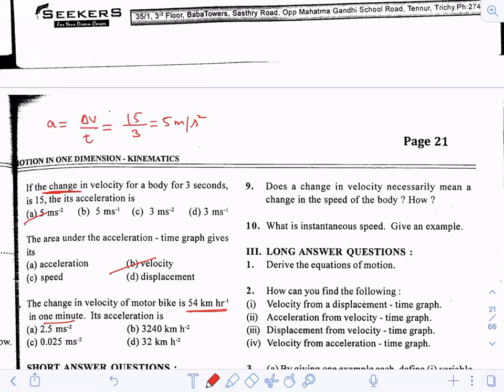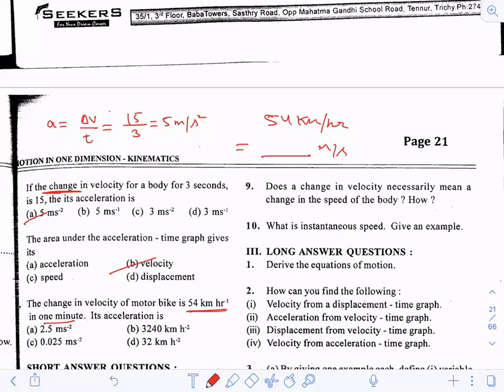54 kilometers per hour, you have to convert in meters per second. What is the value now? 15.